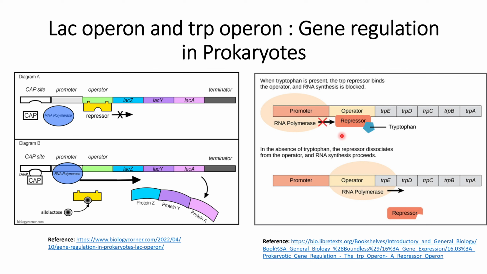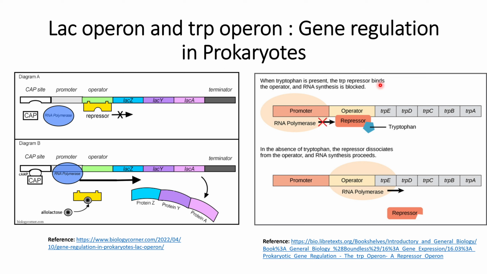So what happens in this case is shown in this bottom right figure. The repressor will not be able to bind to the operator site of this Trp-operon, and thereby the RNA polymerase will be able to transcribe the region from this promoter to these genes that are responsible for tryptophan formation.